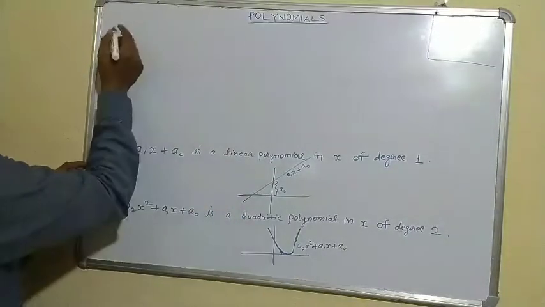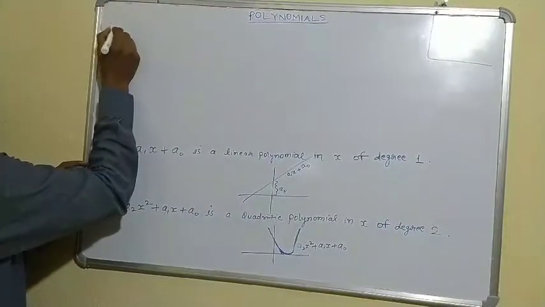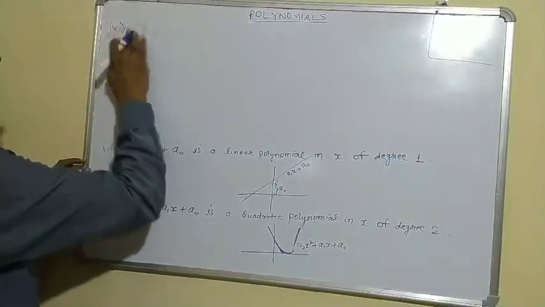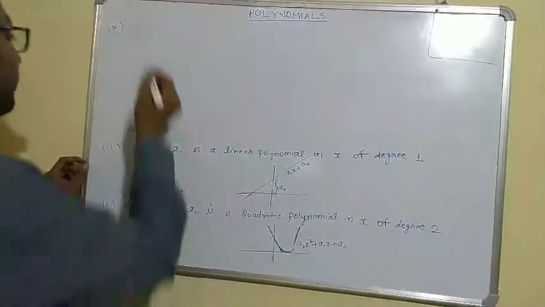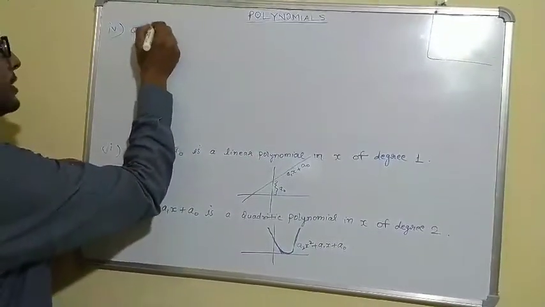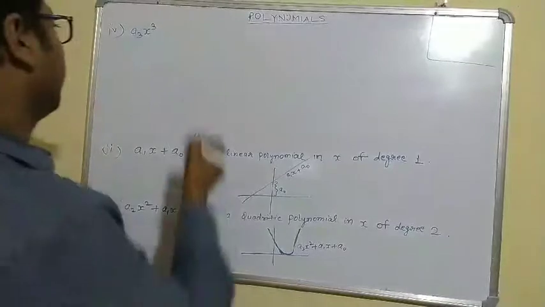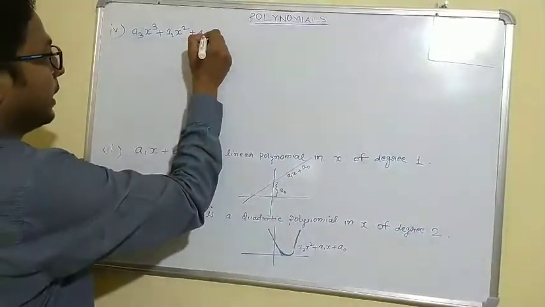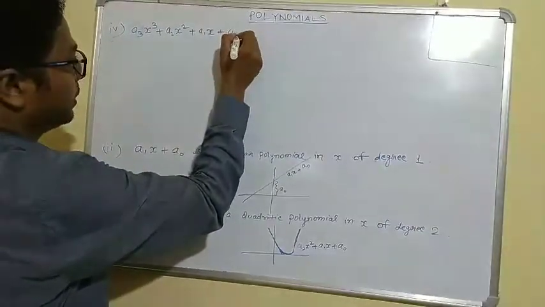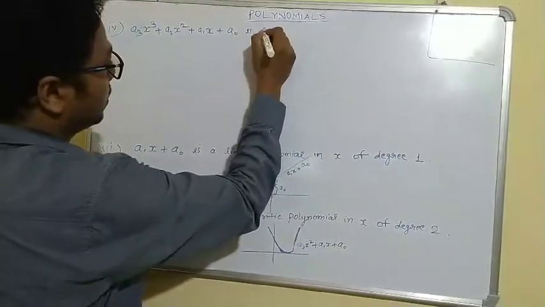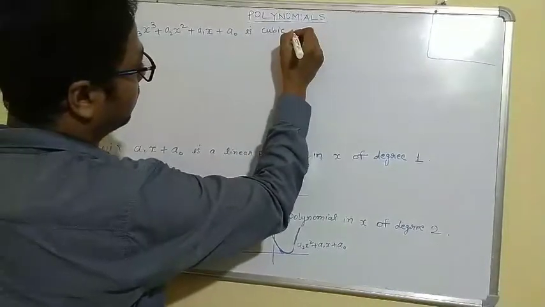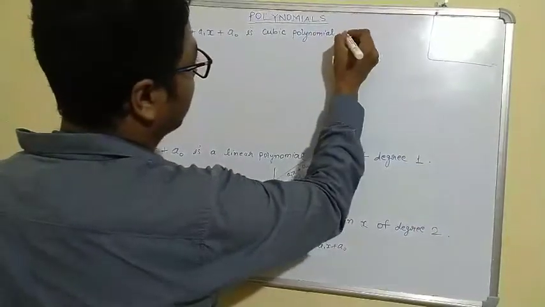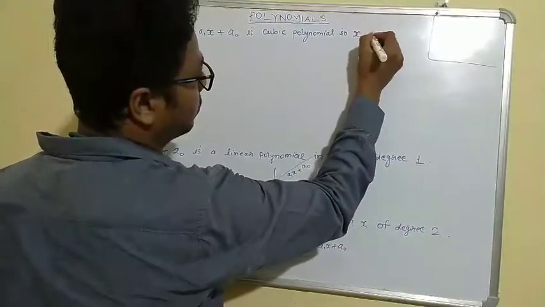Fourth one is the cubic polynomial: a3x to the power 3 plus a2x square plus a1x plus a naught is a cubic polynomial in x of degree 3.